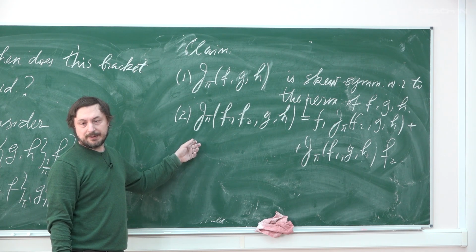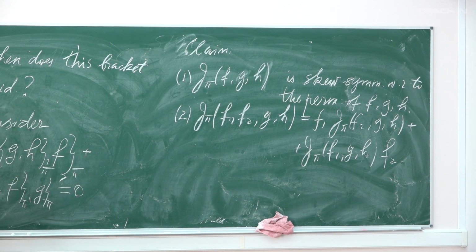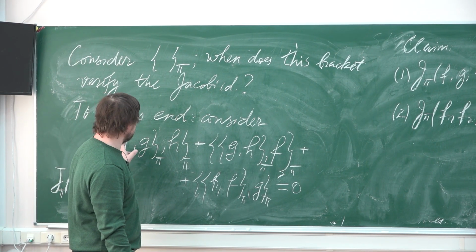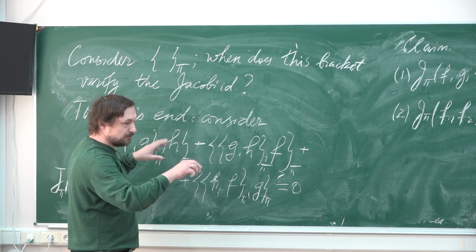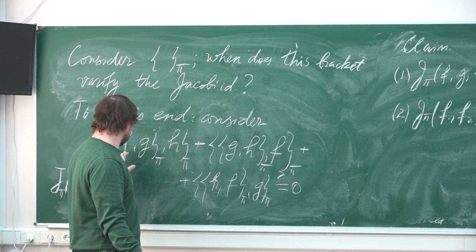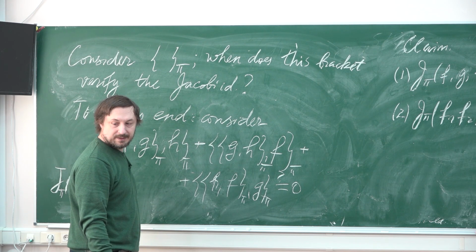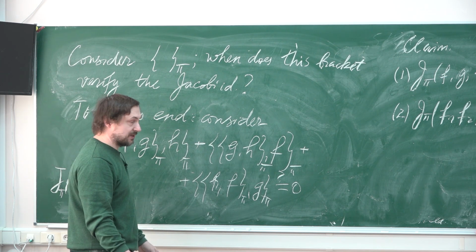We only make use of the Leibniz rule to cancel out the terms with double Poisson brackets, where both f1 and f2 appear inside the bracket. These terms will cancel out.